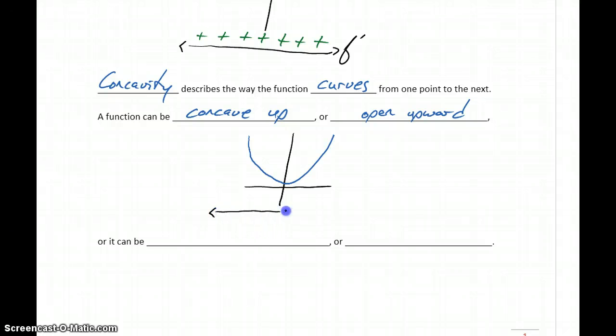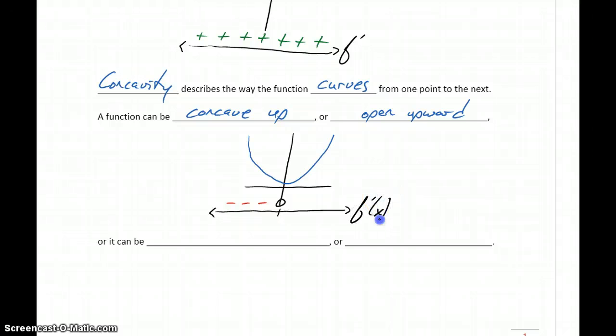And if we were to look at a sign chart for, in this case, the second derivative of our function, we would see that the second derivative is negative. I'm sorry. If we look at the first derivative of our function, let's not jump ahead to the second derivative yet.